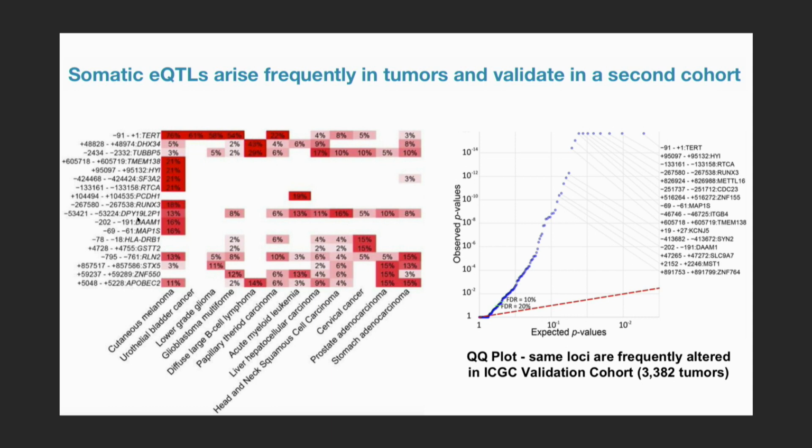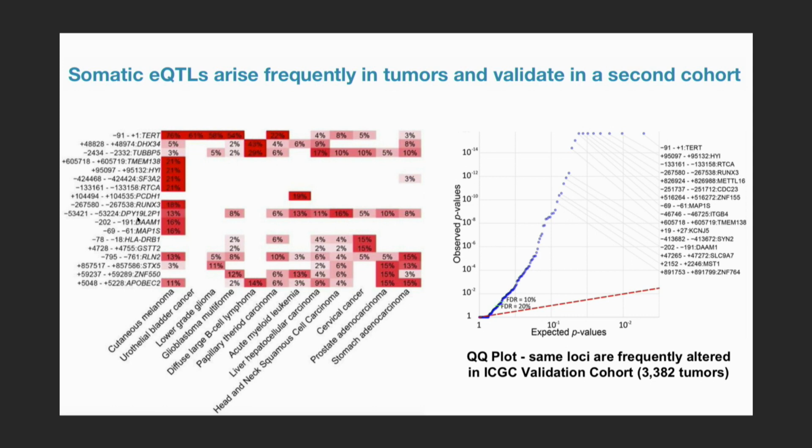These numbers represent the fraction of tumors of a given type that have events in those regions. And so TERT, being the original finding published before us, is screaming. I mean, 76% of melanomas involve a non-coding mutation in the promoter of TERT.